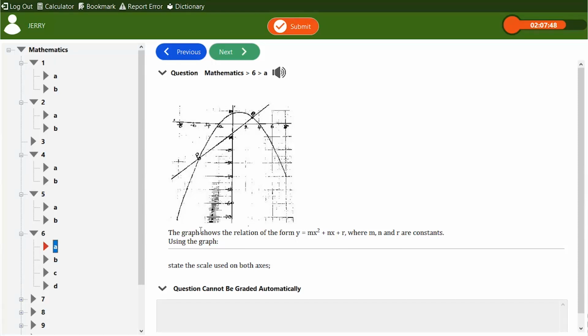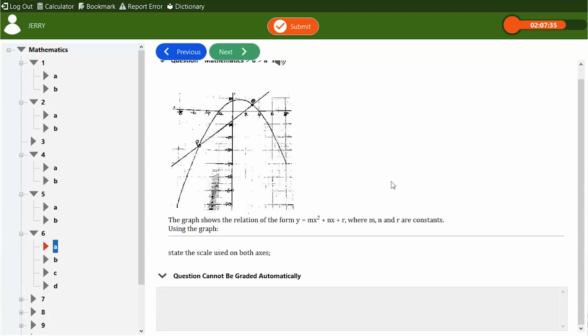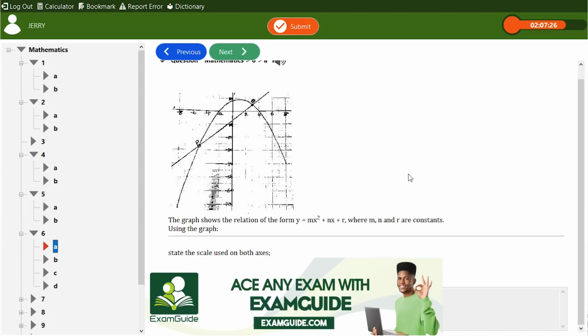Then under the y-axis, we are having the graph shows the relation of the form y equals mx squared plus nx plus r, where m, n and r are constants. State the scale used on both axes.